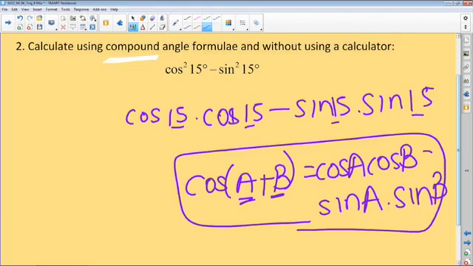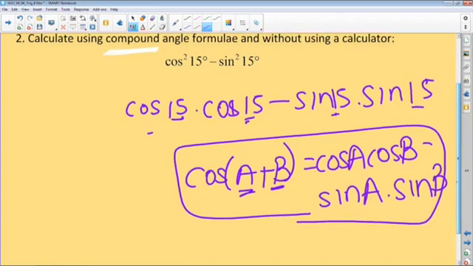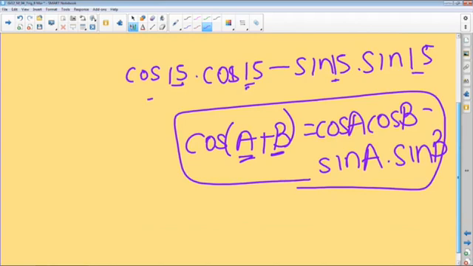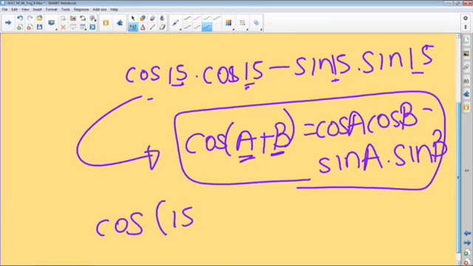Okay? So cos of an angle times cos of an angle minus sine of the same angle times sine of that same angle. I can now go backward with my formula and rewrite this from expanded form as a compound angle, cos of 15 plus 15.